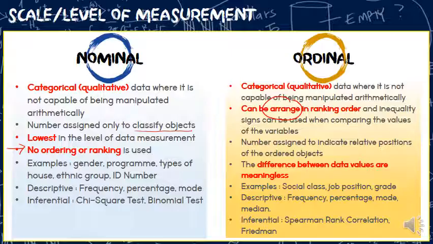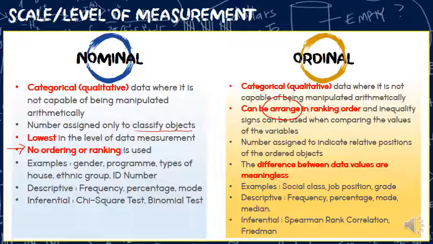Contoh, grade A, B, C, D, E. Dia categorical data, tapi you boleh rank paling tinggi A, paling rendah F. Ataupun social class, T20, M40, B40, you boleh rank.